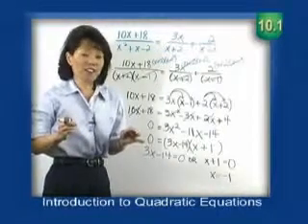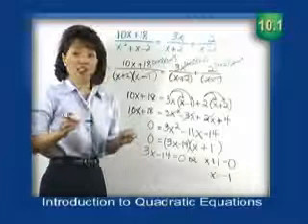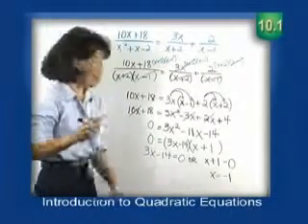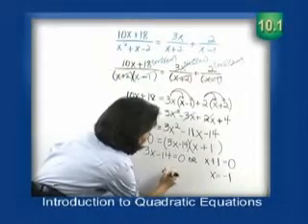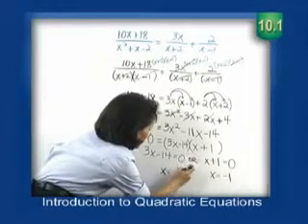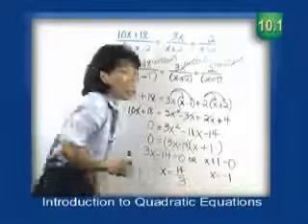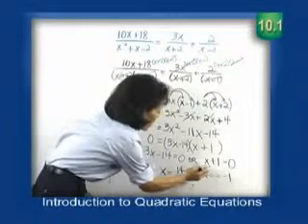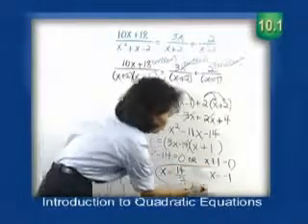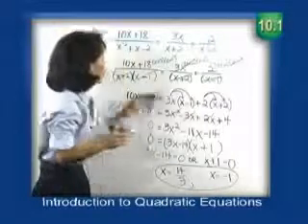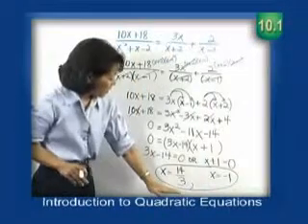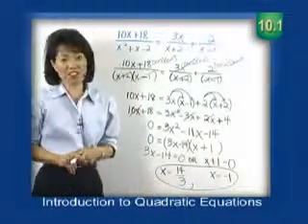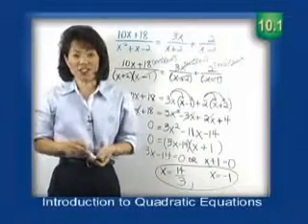I'm going to write the solution for x, but I want you to go ahead and take as many steps as you need. So in this case, when I add 14 to both sides and divide by 3, I end up with 14/3. So my two possible solutions here for this quadratic equation are x equals 14/3 or x is equal to negative 1.